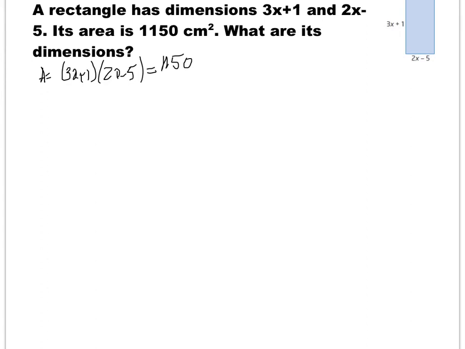If I expand this using the arrow method and then move 1150 to the left and simplify, I'm going to get 6x squared minus 13x minus 1155.